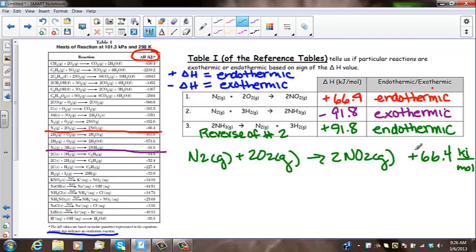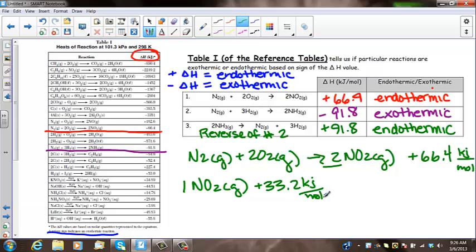This amount of energy is absorbed when 2 moles of gas are produced. So I could ask you the question, how much energy is absorbed when 1 mole of gas is produced? Now you can do it intuitively and say, well, if 2 moles produces this, then 1 mole would produce half of that. So 1 NO2 gas being formed would need positive 33.2 kilojoules per mole.